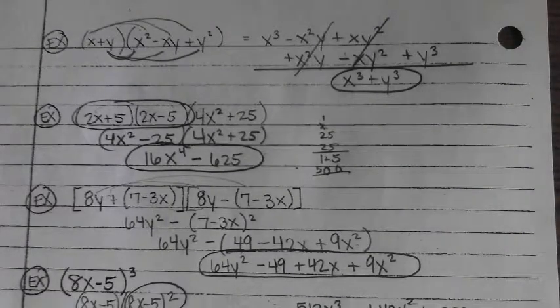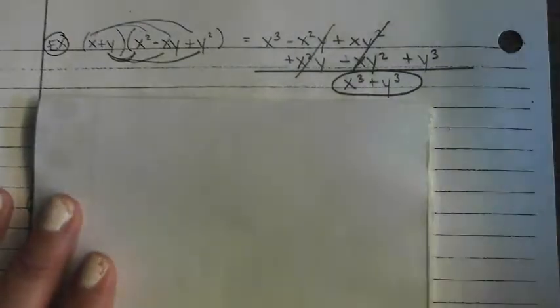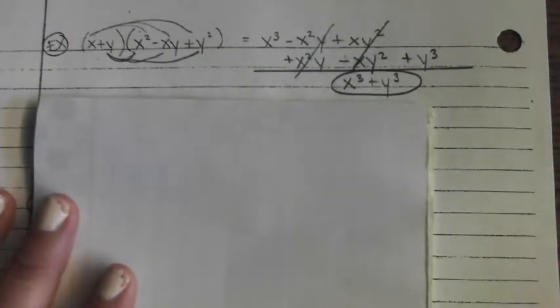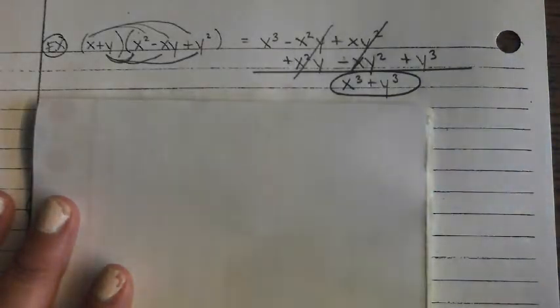Okay, raise your hand if you can tell me what you got for the first one. Jalen? Does anyone get anything different than x cubed plus y cubed for number 1? We all got that? Okay, good.